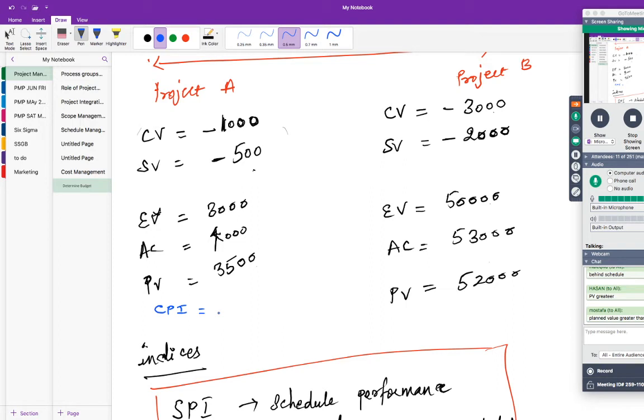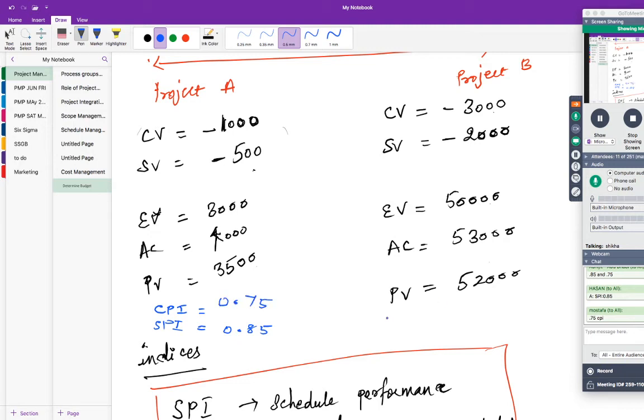CPI is equal to EV by AC, right? SPI is equal to EV by PV. So SPI is 0.85, and what is CPI? 0.75.